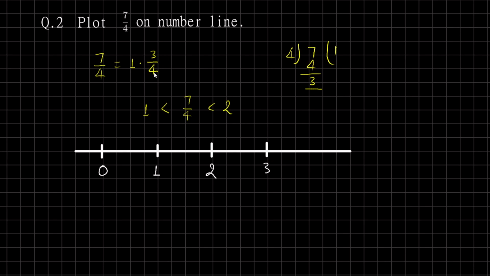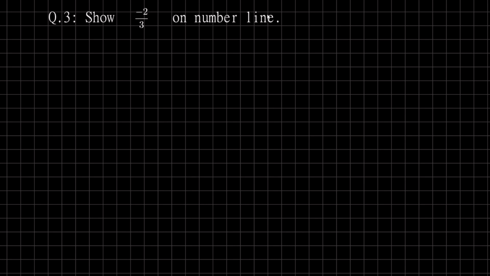We look at its denominator, which is 4. So we divide the distance between 1 and 2 into 4 equal parts. Now we look at its numerator, which is 3. Now we count 3 from 1. So 1, 2 and 3. So this point is our 7 over 4.